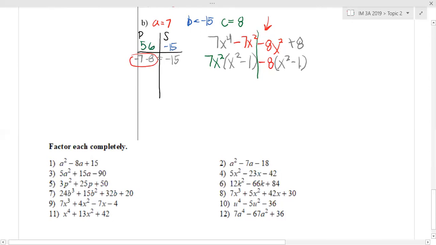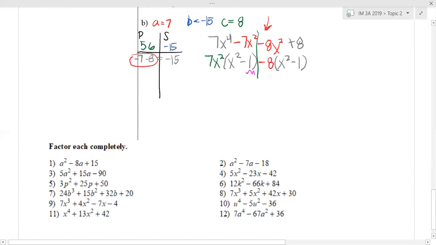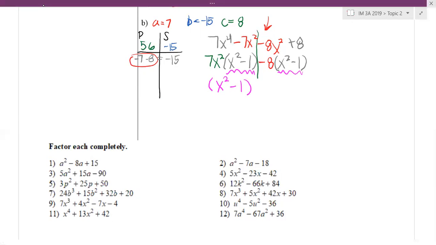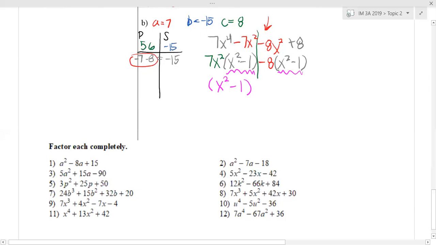And so remember that the whole idea with grouping is that these two factors are the same. And so they have this common factor of x squared minus 1 now. And then when I divide this by x squared minus 1, it's going to cancel out, and I'm left with the 7x squared.